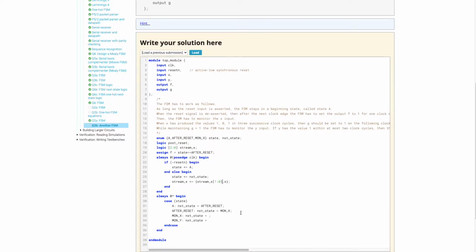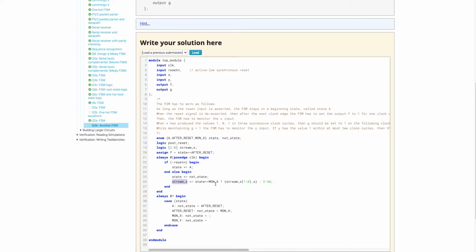And when we transition to monitor X, we're here for 1 cycle where we assert F, but right after we're going to monitor X. So if X is like this, let's say 101, then this becomes 101.